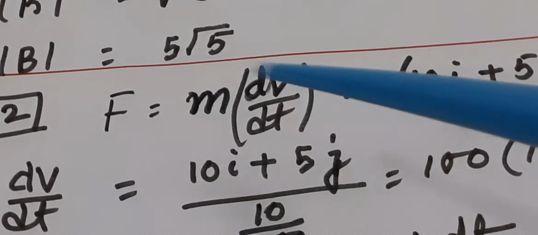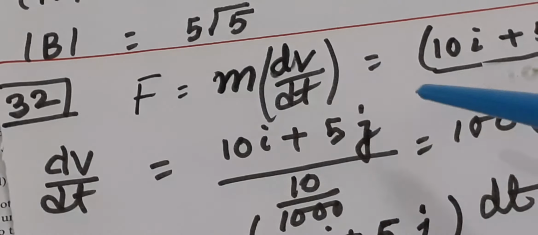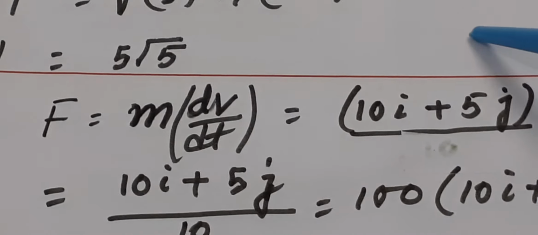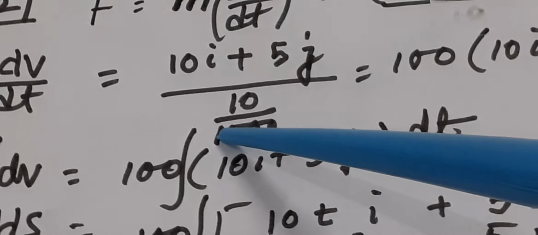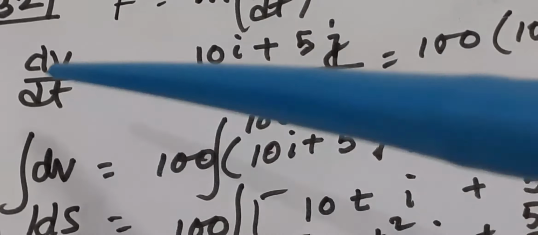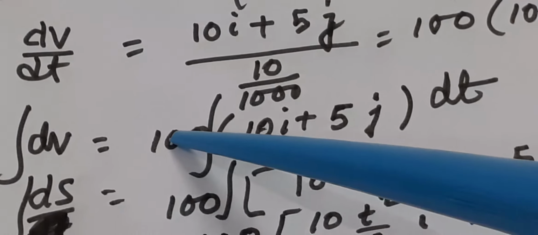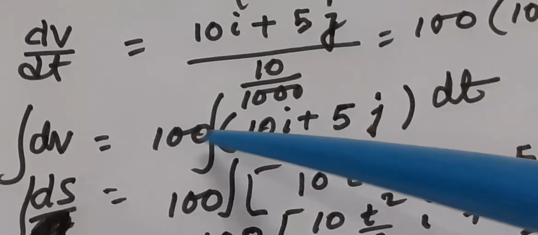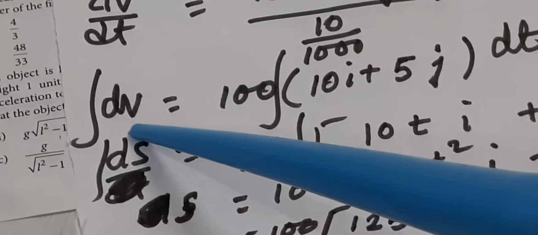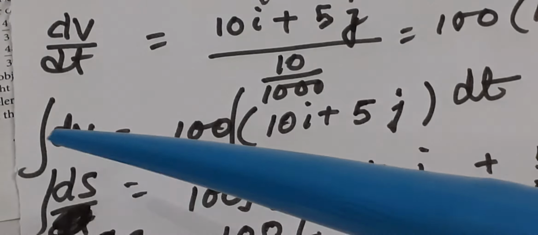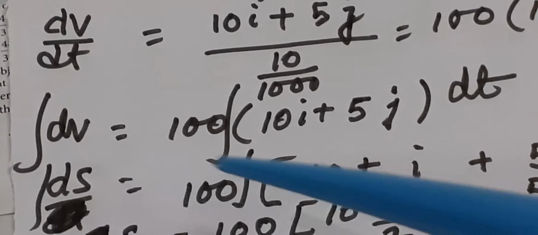dv by dt will be, mass is 10 gram divided by 1000 will give kg, so it will give 100 into this one. For integration, simplify in this form, rearrange and integrate this, you will get dv equal to this type of equation. And if we are interested in distance traveled, then once v is available, ds by dt, again integrate.